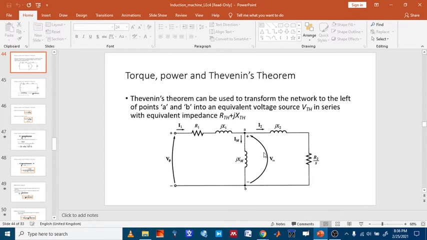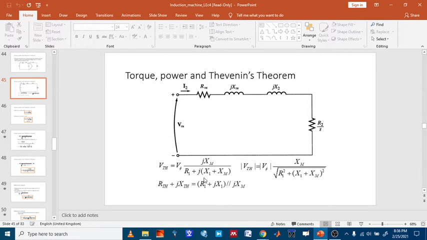That one is given by the impedance here over the total impedance, considering the stator part of the rotor. The impedance here is JXM, over R1 plus JX1 plus JXM.